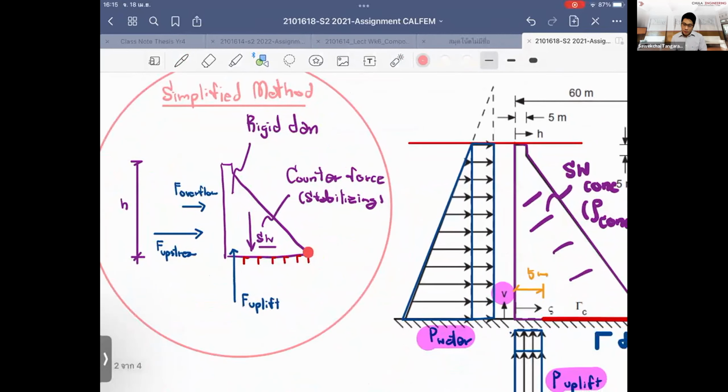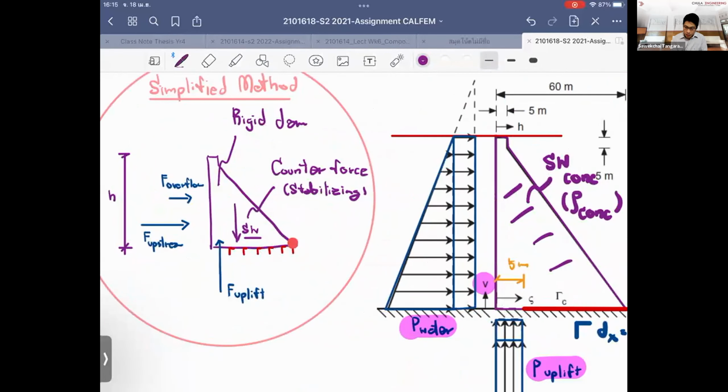In the simplified method, what they're assuming is that the body of the dam by itself doesn't deform. It's just like a rigid mass, a very solid mass, and very strong. So when it overturns, it just overturns as a solid mass, and it doesn't deform at all.